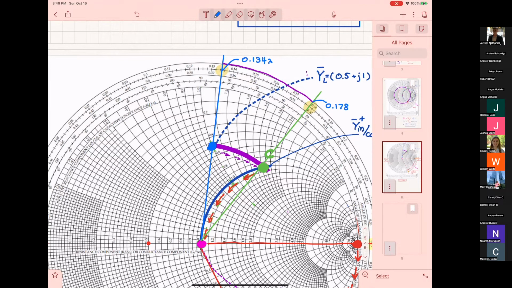Okay, so to find this distance, which is L sub s, I need to subtract these two points.